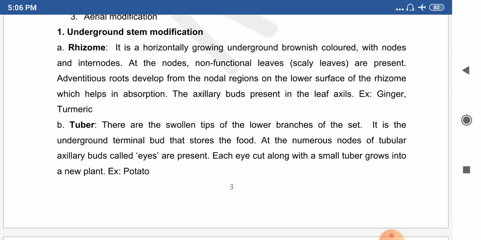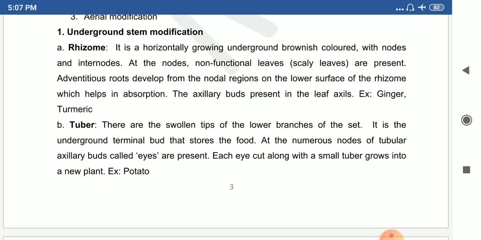At the nodal region, non-functional leaves will be there. Those are called scaly leaves, and adventitious roots develop from the nodal region on the lower surface. Those help in absorption. The best example of a rhizome is ginger.